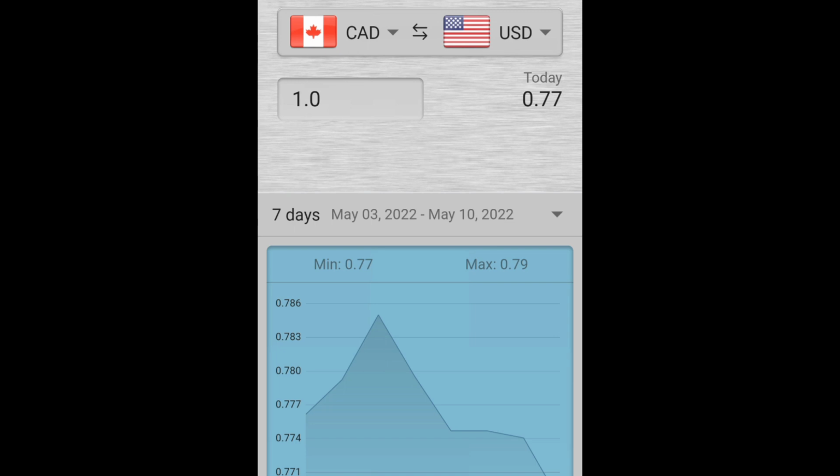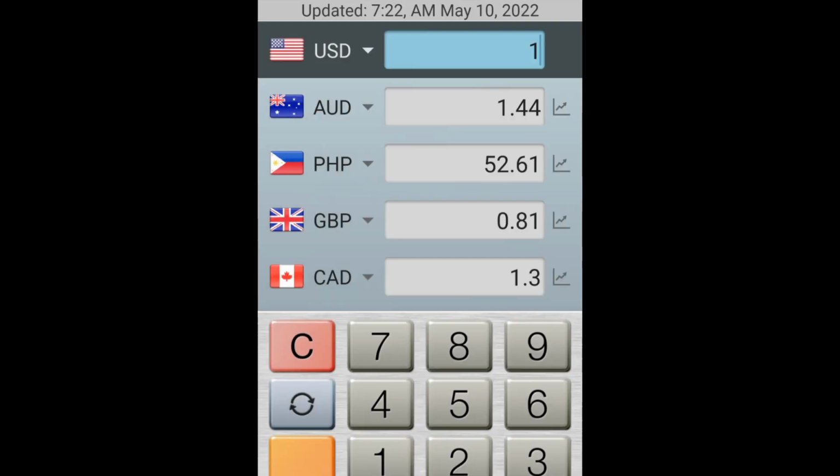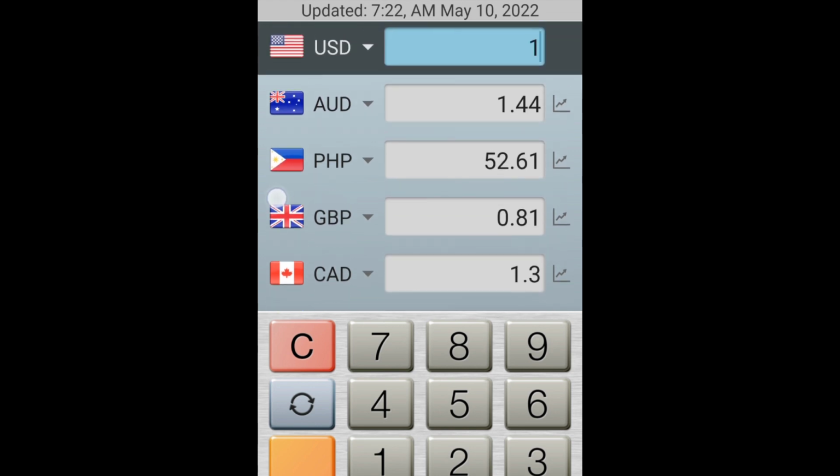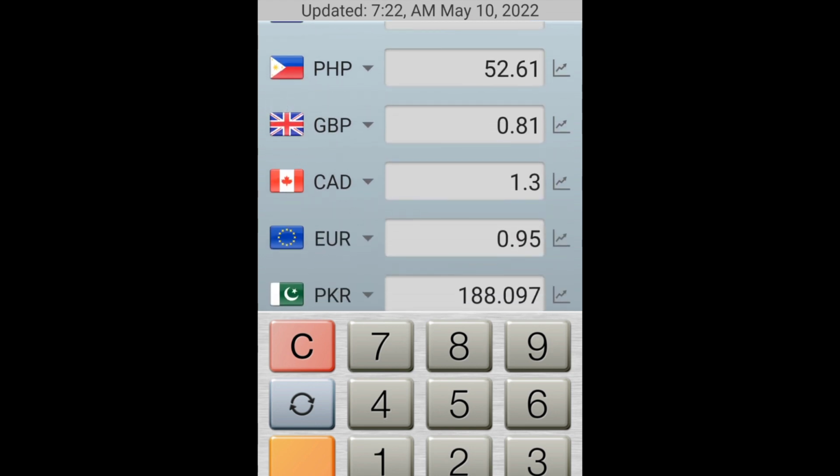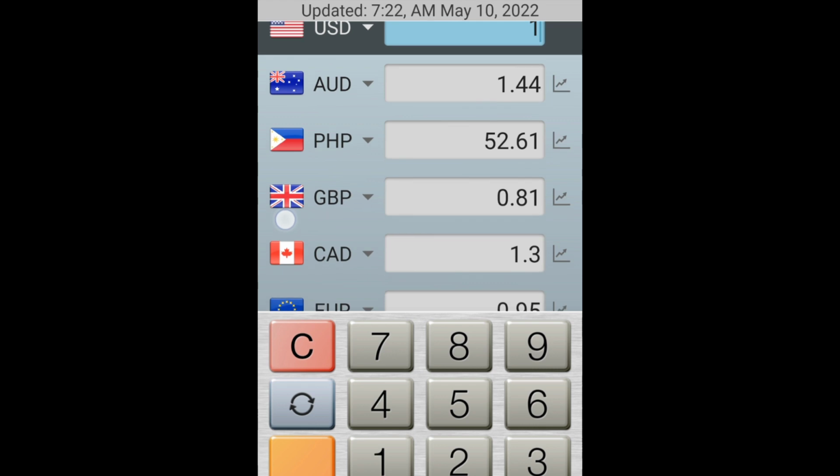That's the USD to Canadian dollar update. US dollar to euro conversion.